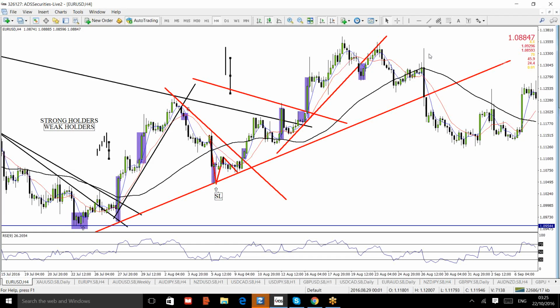See who is controlling the market, buyers or sellers. And remember, who is controlling the market is strongholders, holding buyers or sellers. Weak holders are retracement candles only. We do not be concerned with that.